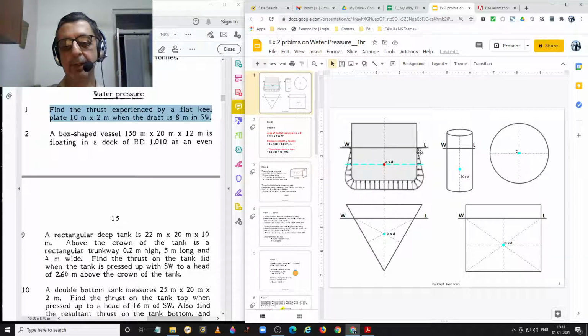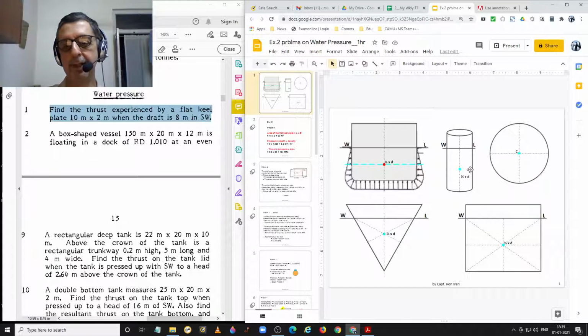Of course, we can calculate the pressure and thrust for every millimeter or every centimeter or even for every meter of the draft. But that is a very tedious, long drawn process. So what we always do is we calculate the pressure and thrust at half the draft. That gives us an average of the pressure and thrust going from the keel all the way up to the waterline.